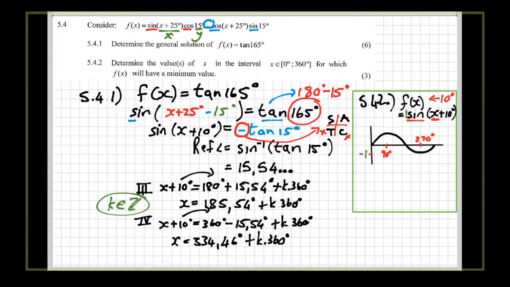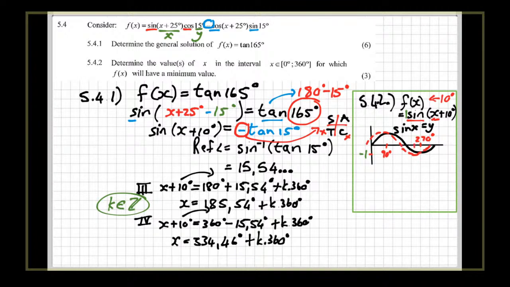But remember this, ladies and gents, is just the sine x graph. But now, if I move it 10 degrees left, I'm going to take the whole graph and just shift it 10 degrees left.